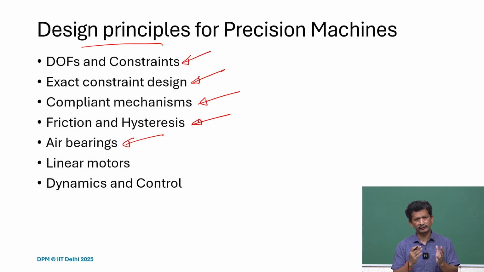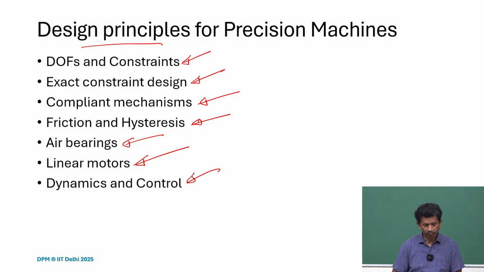So we talked about different kinds of air bearings, the orifice type and the porous type, and we understand there are limitations, there are gaps, but we should be able to address that and make things on our own. So air bearings are one of the key enablers. Linear motors are something we need if we go for direct drive. Again, this is a gap and we need to address that.